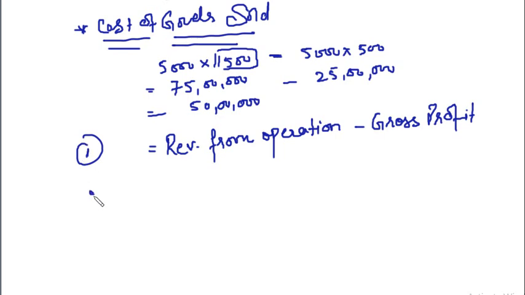Right? Cost of goods sold. Now the other way of calculating it is, if you remember the trading account, you have prepared the trading accounts, right? So I'll write the second part here. Okay, I'll move the sheet. So if you talk about the second part, you have prepared trading account, isn't it?